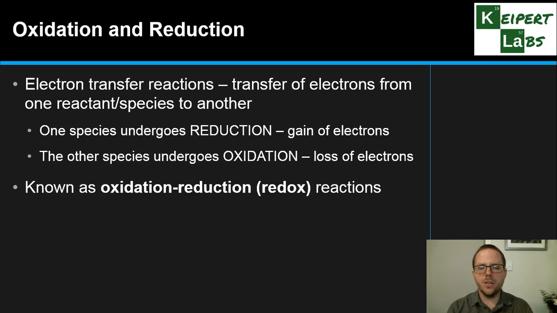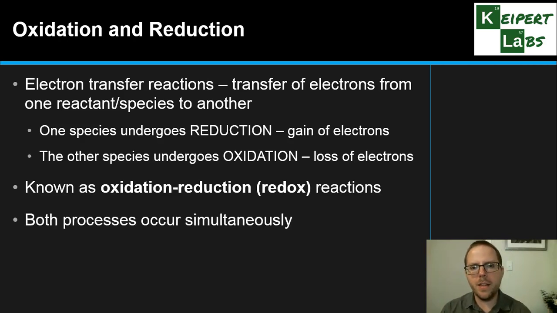Okay, so we don't tend to refer so much to the term electron transfer reactions. We tend to substitute redox reactions as the term that applies, because this is the process of these two processes of electron transfer. Okay, so now the key thing about redox reactions is that both of those two processes are occurring simultaneously.